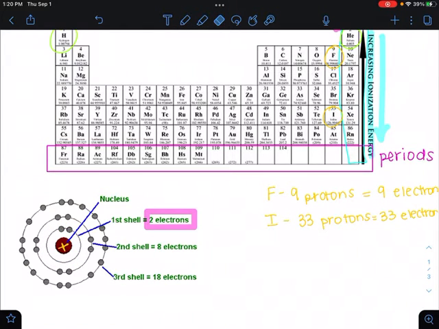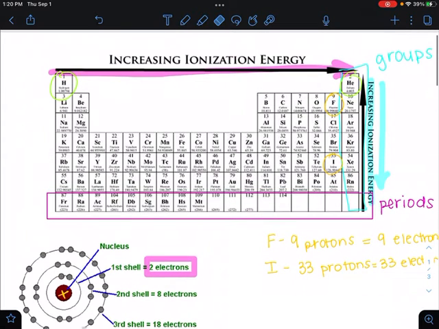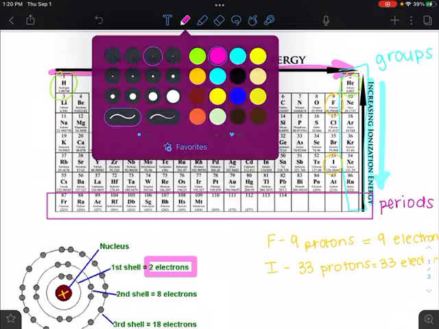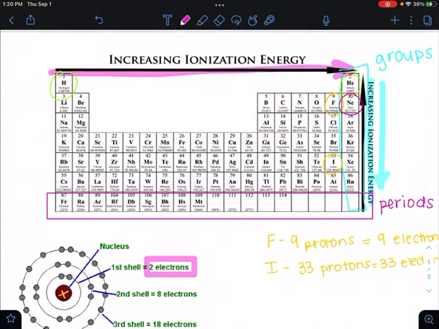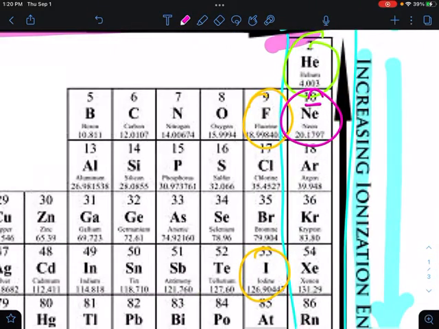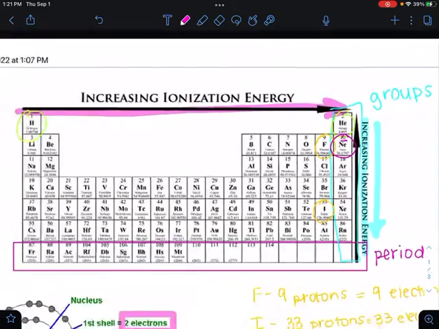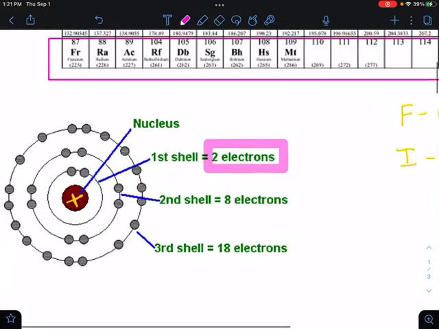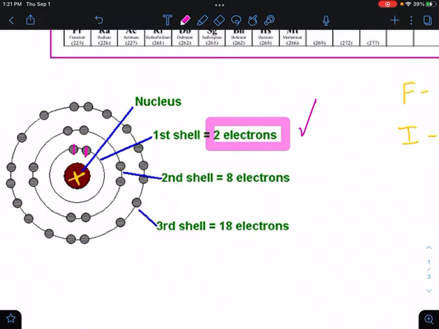Let me show you why neon is so stable. Neon has 10 protons, so what does that mean? 10 electrons. 1, 2, our first shell is full. Now we see here, second shell can have 8 electrons. So 1, 2 for the first shell, then 3, 4, 5, 6, 7, 8, 9, 10.